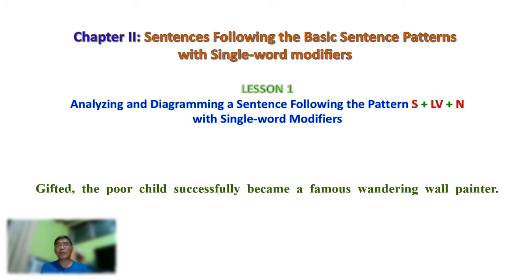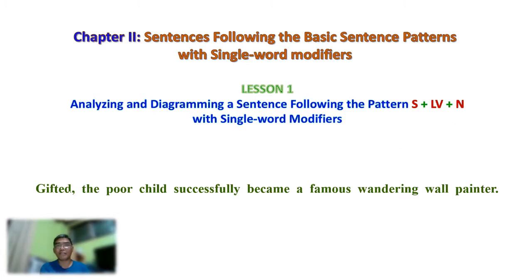However, the same with what I have said before, no matter how long a sentence be, the first words that one has to identify first are the words comprising the pattern. Since our example of sentence follows the pattern, subject plus linking verb plus noun, the words that one has to identify first are the subject, the linking verb, and the noun.